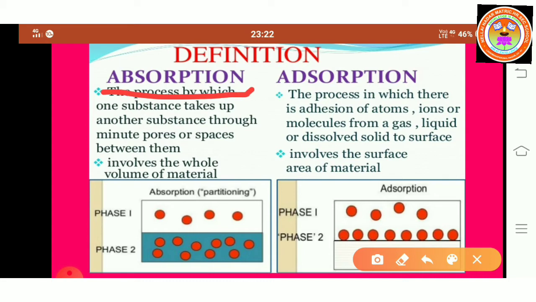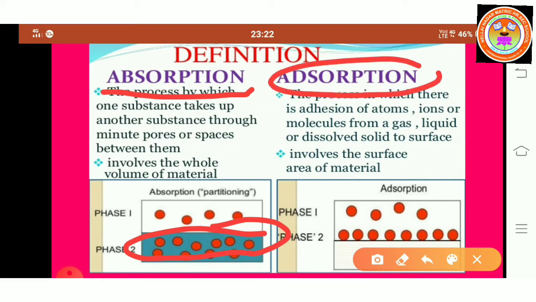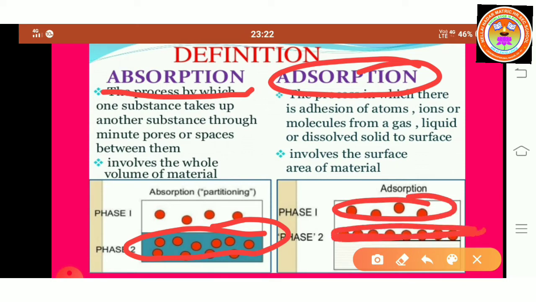Absorption is the process in which a substance is uniformly distributed throughout the bulk of another substance. Adsorption is the process in which the particles of a substance are concentrated only at the surface of another substance.